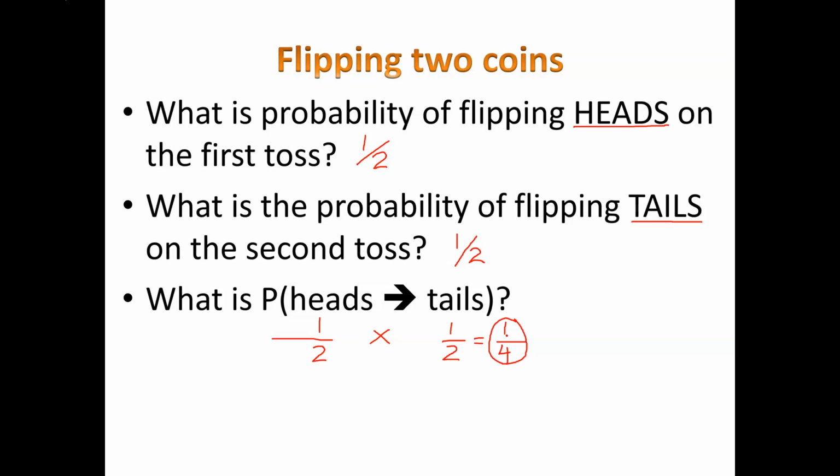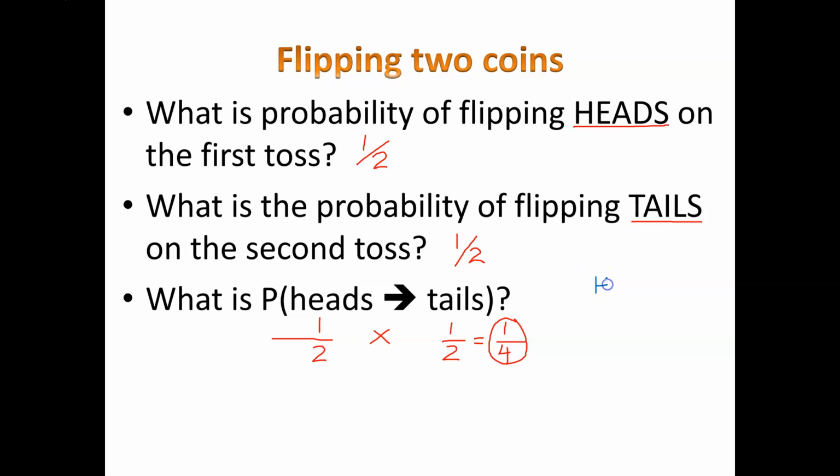Now there's another way that you can do this besides multiplying fractions, but it only works if you have some pretty low-key situations, like where there's only 2 possible results, heads or tails, and that's to make a list. So let's list all the ways that 2 coins could be flipped.